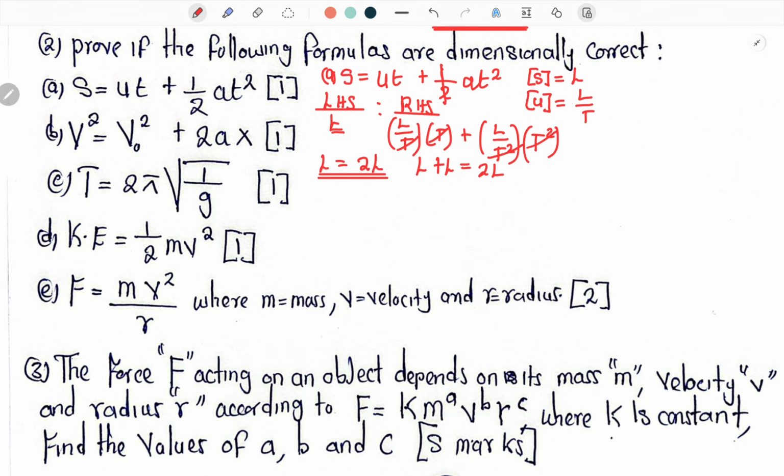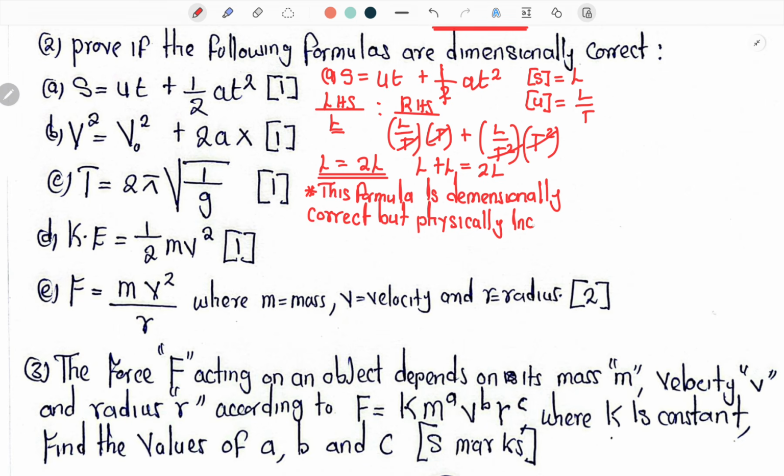What did I say could be the conclusion for this particular question? The conclusion is this formula is dimensionally correct, but physically incorrect.